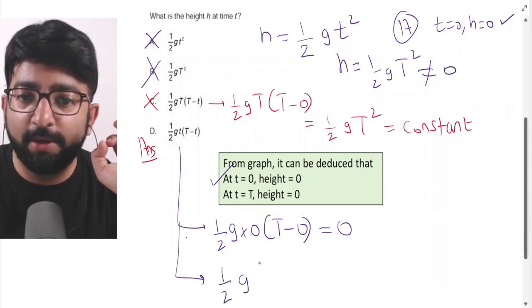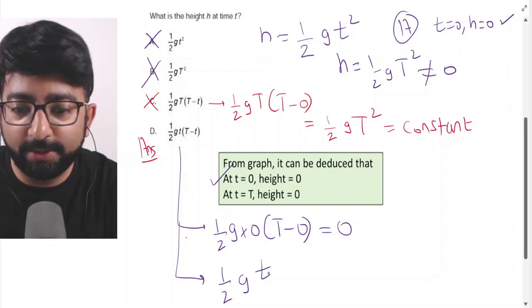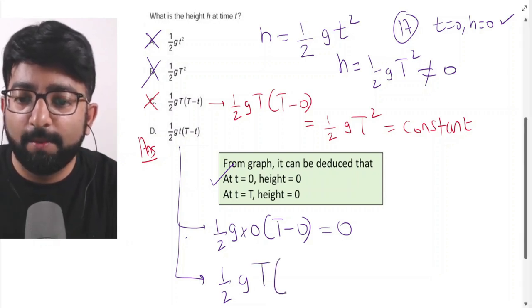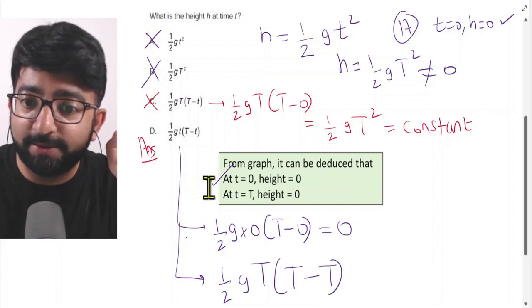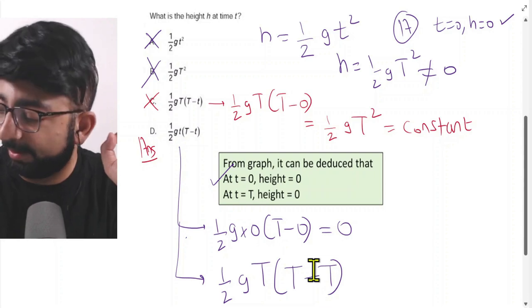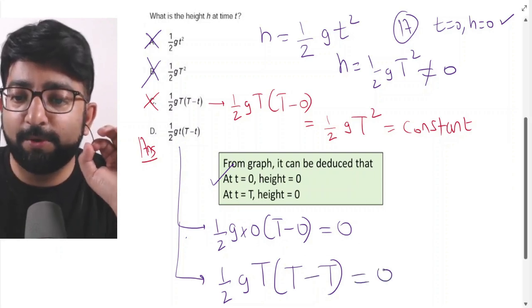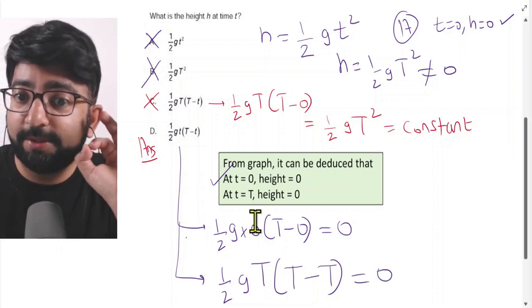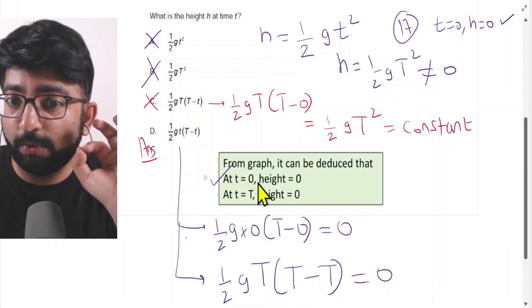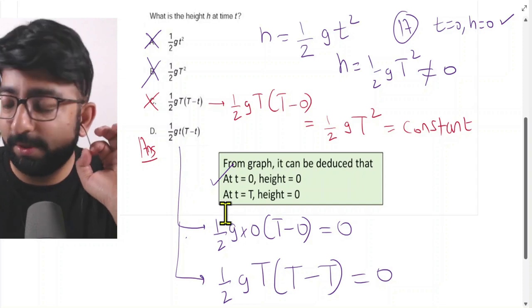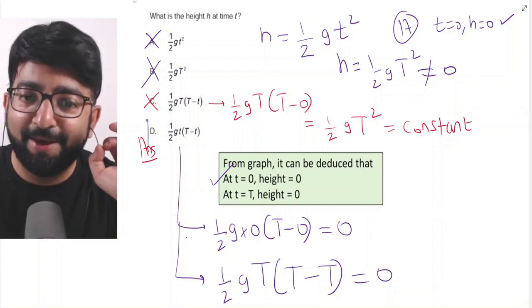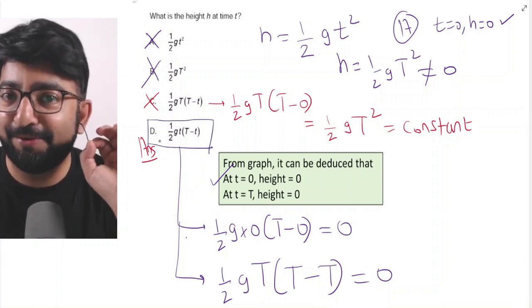Half g t, the small t, which in this case will be capital T, multiplied by capital T minus capital T, since we are considering time is equal to capital T, which will also become 0, which means the height value is 0 at both the points, time t is equal to 0 and capital T. Hence, option D is satisfying both the conditions. And that is why we say option D is the right answer to this question.